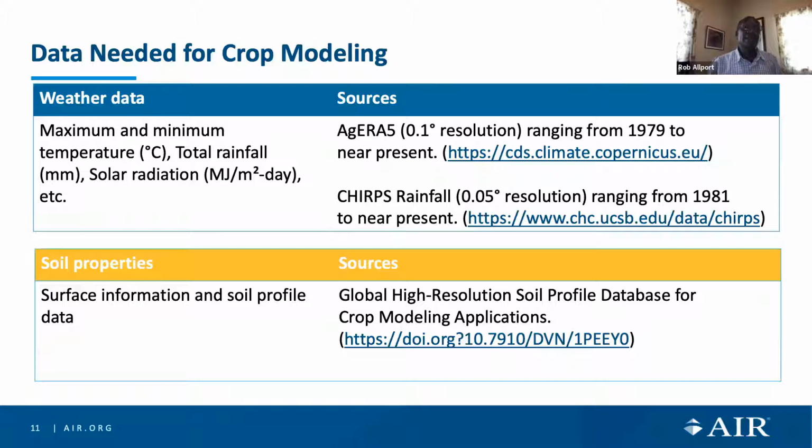And we have identified where we get the actual data for daily parameters for the temperature, the rainfall, the solar radiation. We use one of the sources called ERA5.